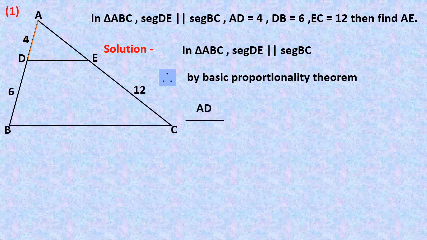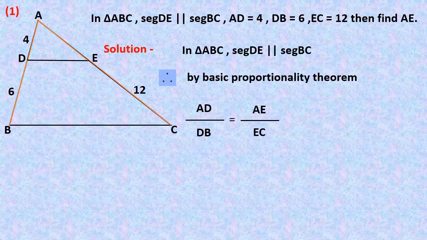Substitute values. Therefore, the value of AD is 4 divided by the value of DB is 6, is equal to AE divided by the value of EC is 12.